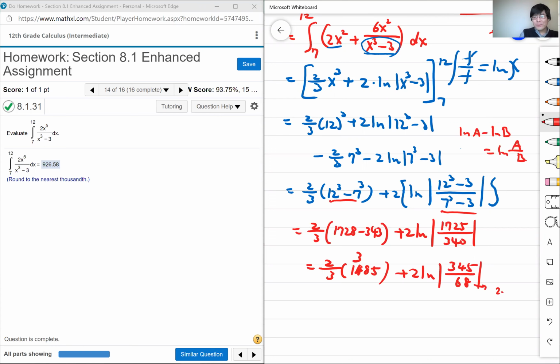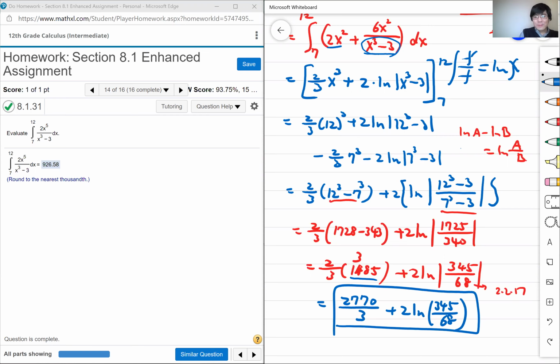Okay, and the bottom is 2 times 2 times 17, and the numerator is not a multiple of 2 and 17, so this is the simplest we can get. This is not a multiple of 3, so we cannot make it much simpler. So it's going to be 2770 over 3 plus 2 times ln of 345 over 68. Okay, so that's the exact solution.